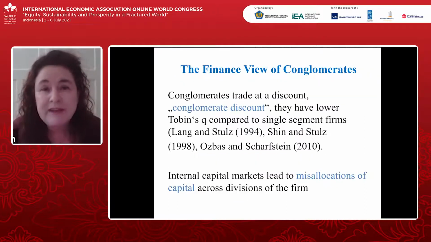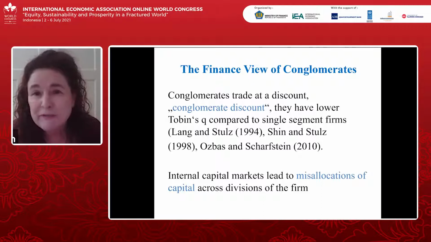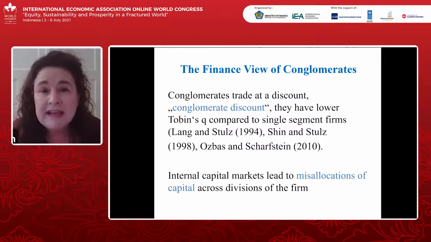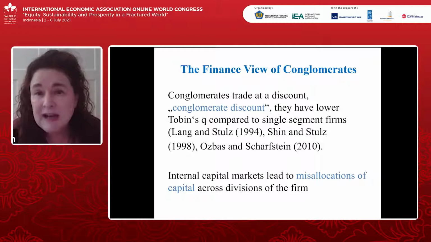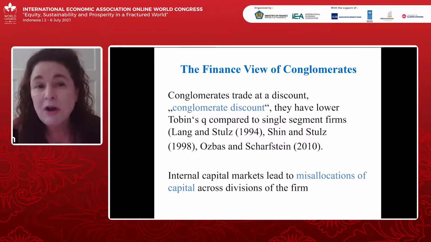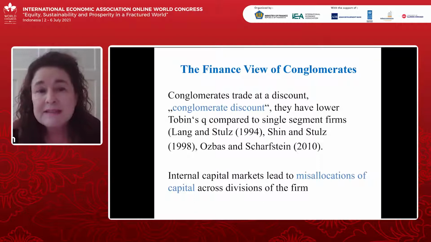The finance view of multi-product firms is different. They call multi-product firms conglomerates, and they claim that conglomerates trade at a discount. They call it the conglomerate discount. What does that mean? It means that conglomerates have lower Tobin's Q compared to single segment firms.